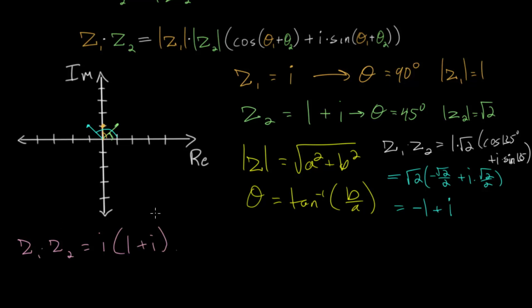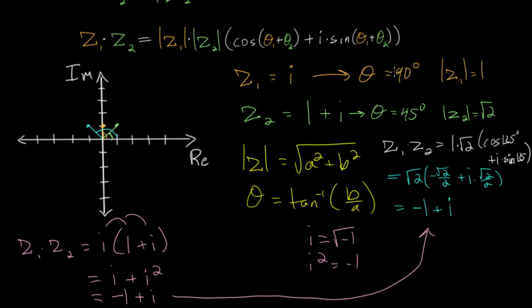For the usual way of multiplication using the rectangular form, we distribute. i times 1 is just i, and we get i times i, which is i squared. Since i is the square root of minus 1, we know i squared is negative 1. So this becomes i minus 1, or minus 1 plus i, and we can match that up with what we got using the formula. So the formula does make sense, but it gives us a visual way to multiply these two complex numbers.